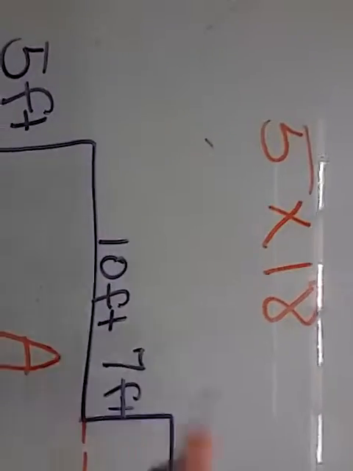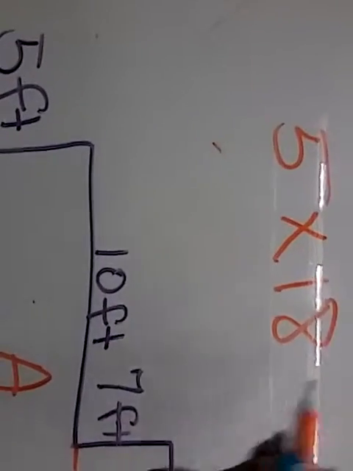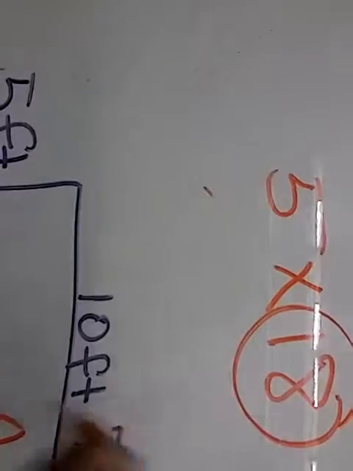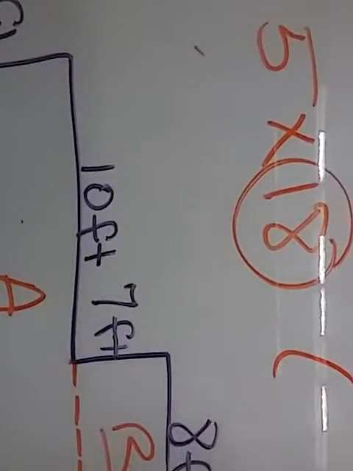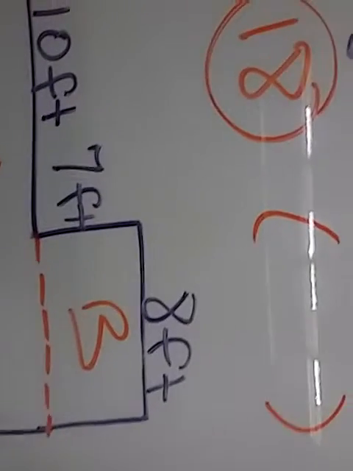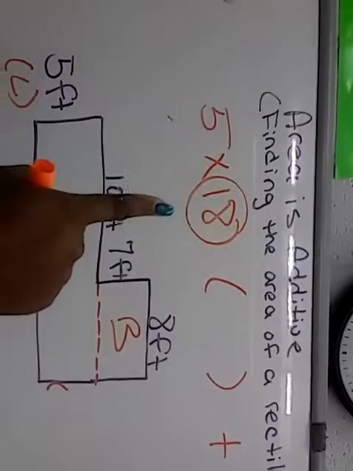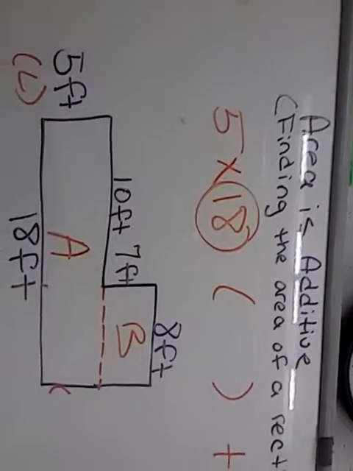So how we can go about that is, our first step with the distributive property is we break up this 18. So let's set up the problem. I always ask the students, we know we're breaking up 18 because we don't know what 5 times 18 is.